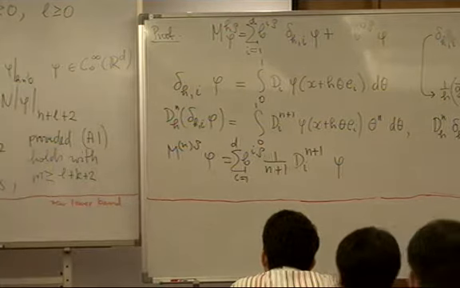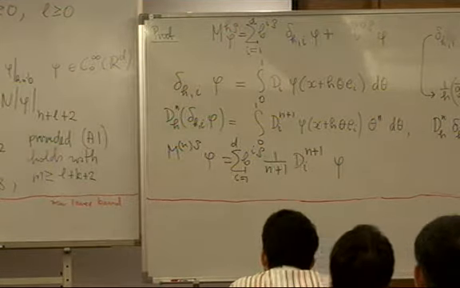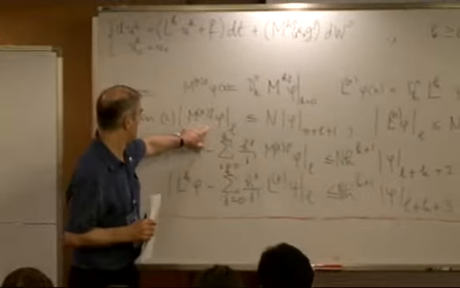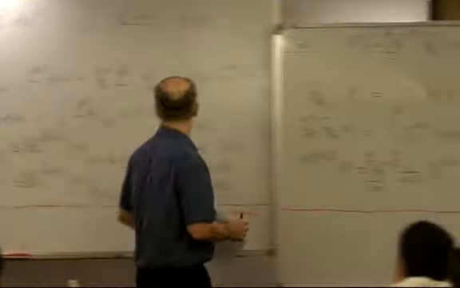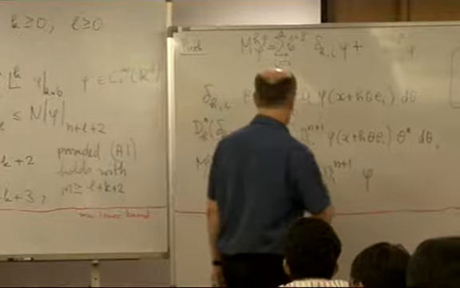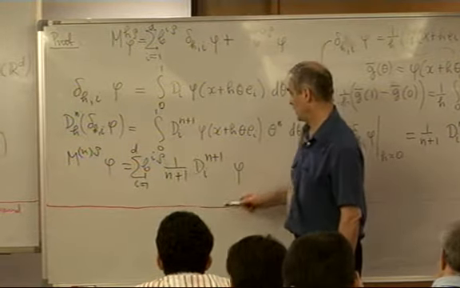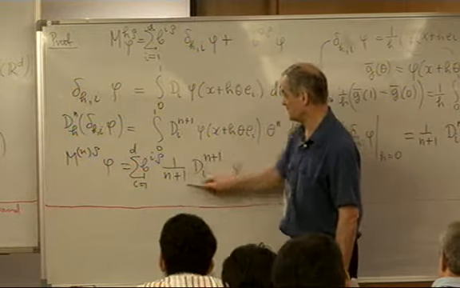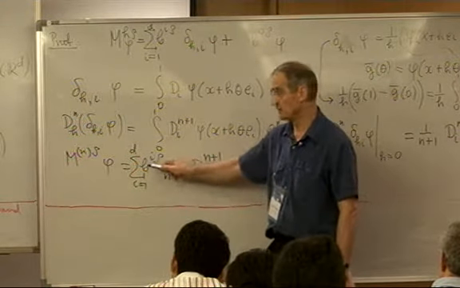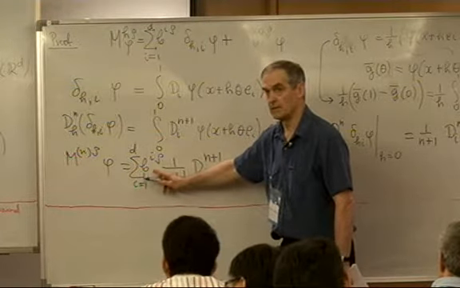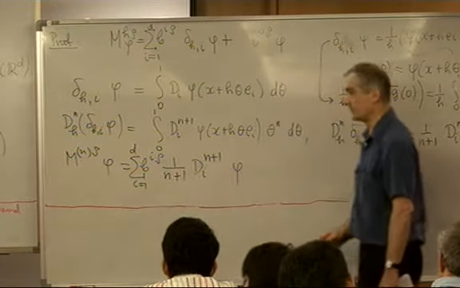So we can easily see that the first estimate is valid, right? If we take the L plus L norm of this sum, then we estimate this by a constant, because these have bounded derivatives up to order m.